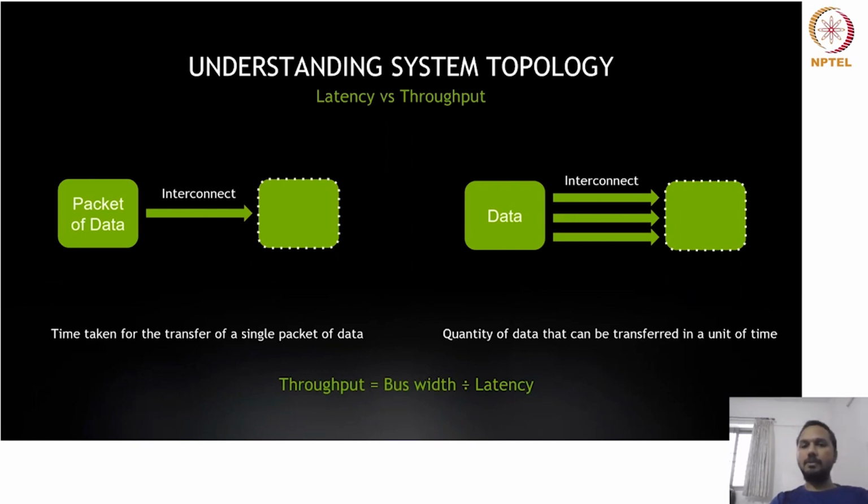The second one is throughput. Throughput is the quantity of data that can be transferred in 1 unit of time. Like, can I transfer 1 KB of data, 2 KB of data, 3 KB, and all. And it is important from a point of view of scaling. The scaling laws would be dependent on the system on which you are going to run the multi GPU or any kind of distributed deep learning jobs.